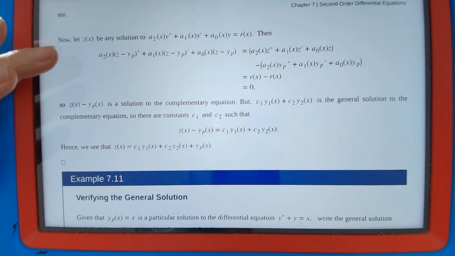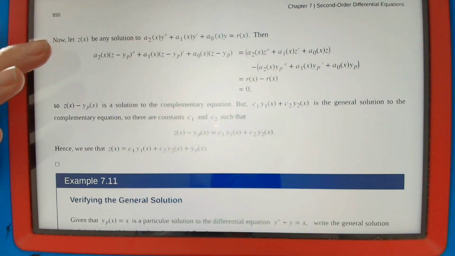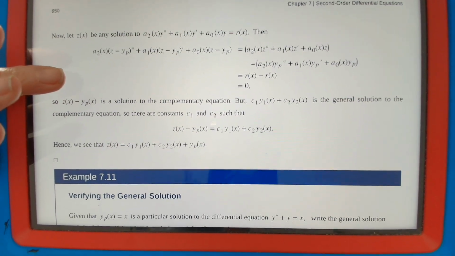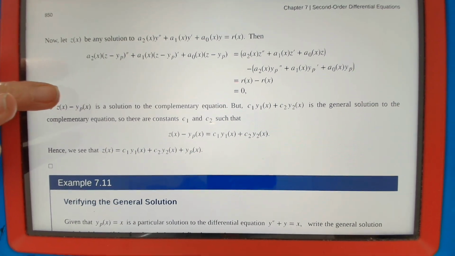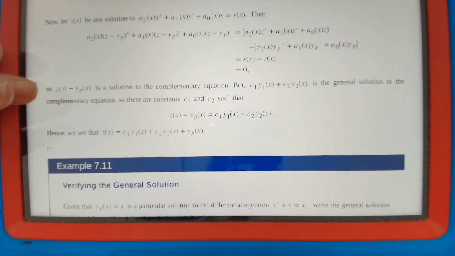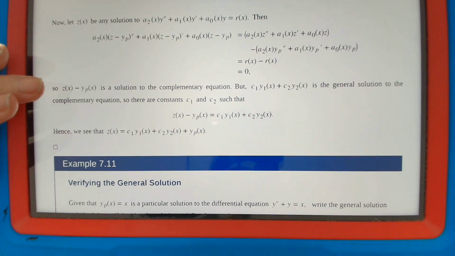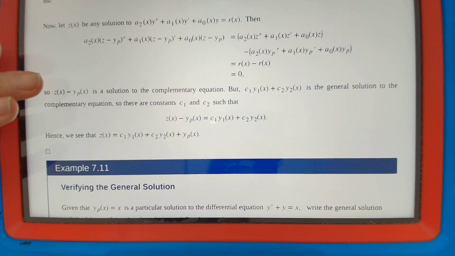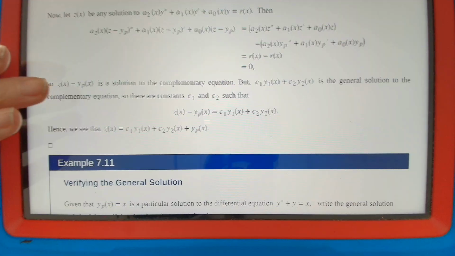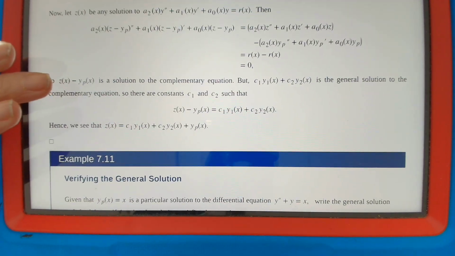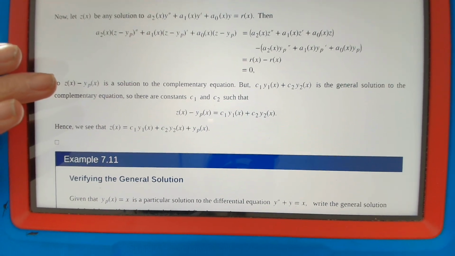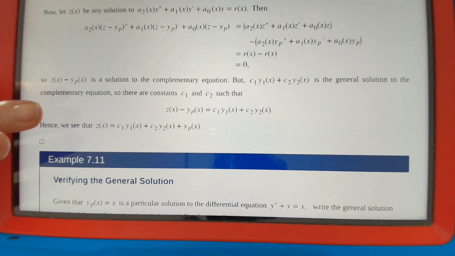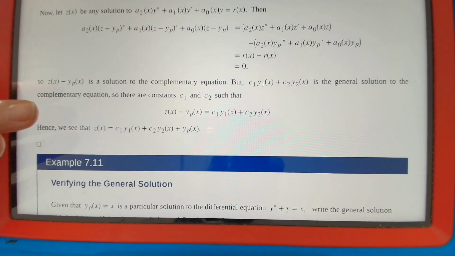Being that they both are solutions, they both equal r of x. So when you subtract, they're going to be equal to 0, which means that this is a solution to the complementary equation. Now, if it is a solution to the complementary equation, then being that c1 y1 plus c2 y2 is the general solution, these two have to be the same for some c1 and c2.